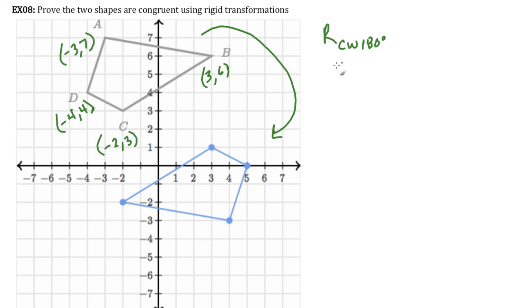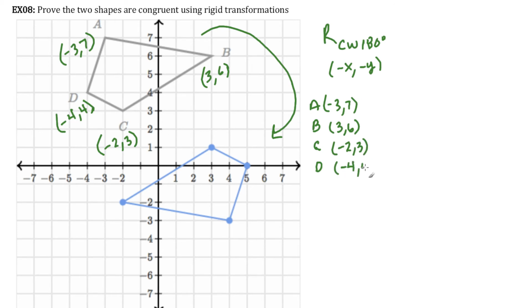Okay, so for 180 degrees, the rule would be negative x, negative y. This time I'm going to put them in order. A, B, C, D. A is negative 3, 7, B is 3, 6, C is negative 2, 3, and D is negative 4, 4. So these just all become the opposites.